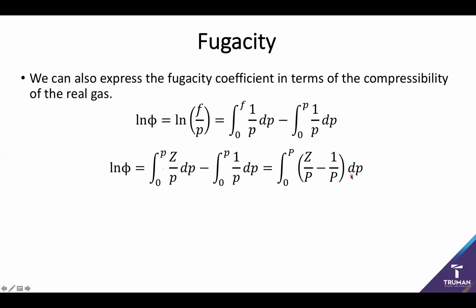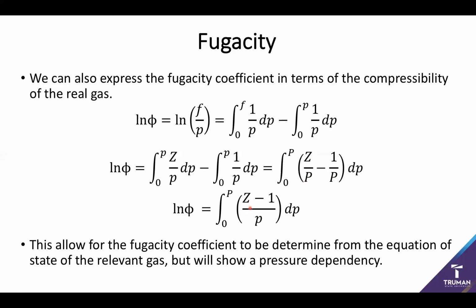So, okay, this is a little bit of a cumbersome sort of integral, and not exactly the best integral we've encountered. But what this allows us to do is if we have an analytical expression for our compressibility factor, well, then I can substitute that in, run the integral, and we're going to be able to determine the fugacity of the system.